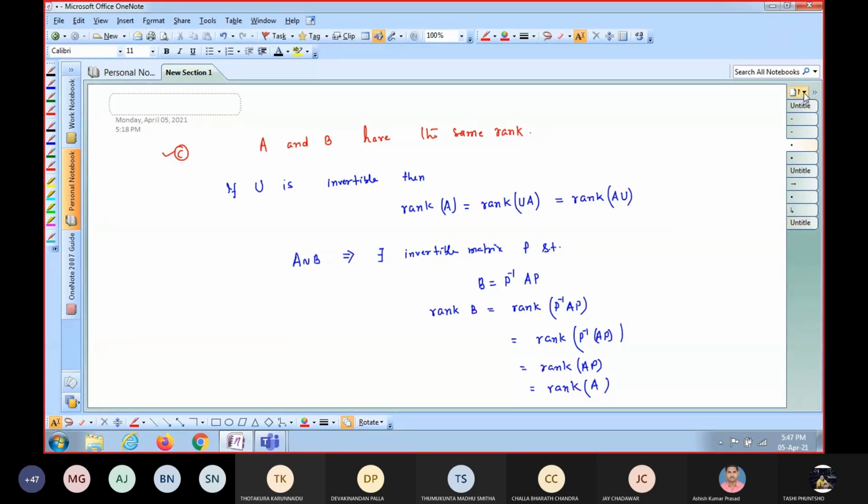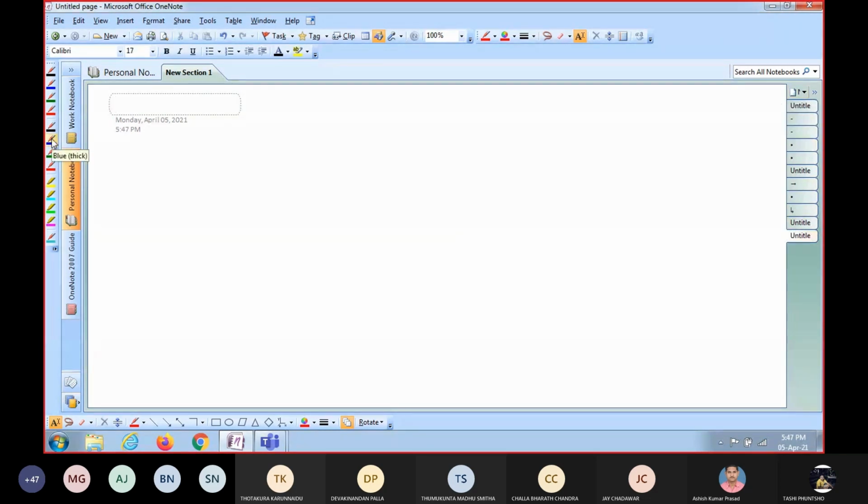Now, the next question is how you can solve this. This is only related to the case where you have to show that A and B are not similar, right? But suppose you have to show that A and B are similar.